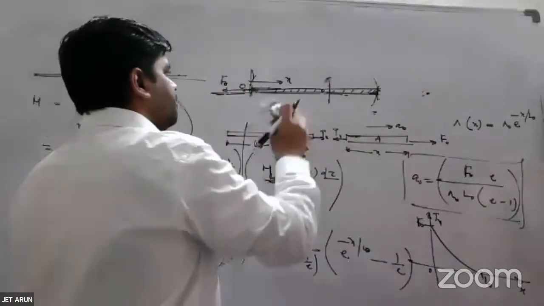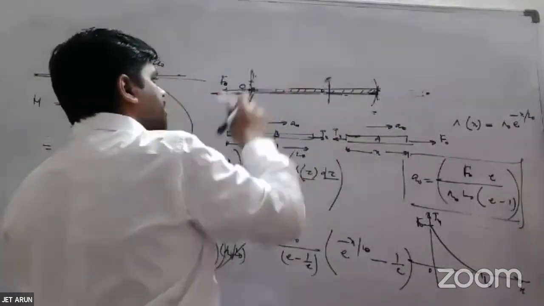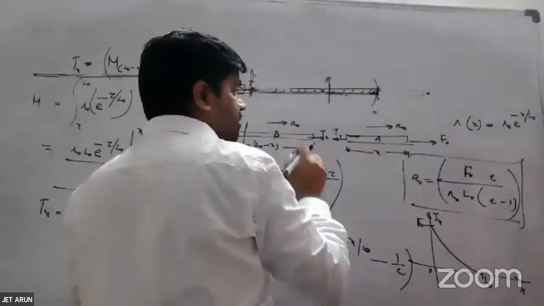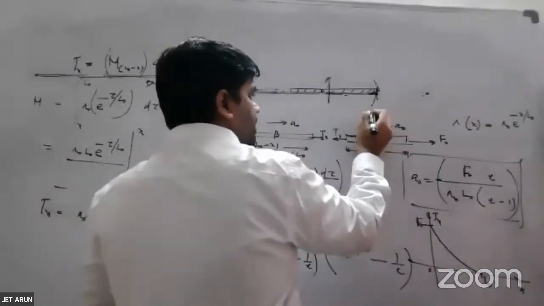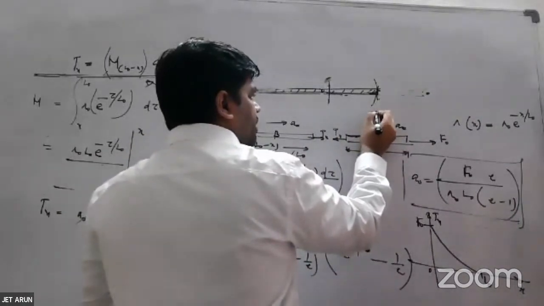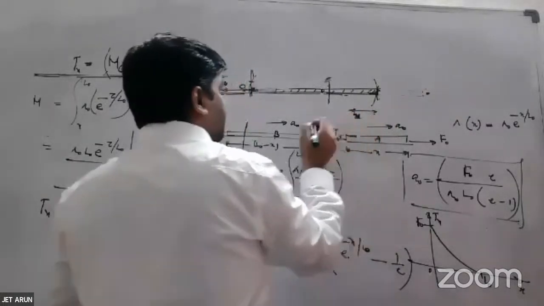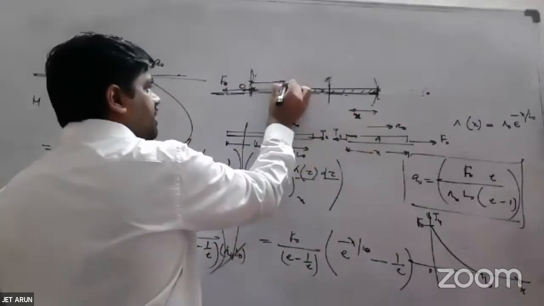But my lambda is varying. Look at this, students. It's not that easy. It's a very good question. It's mathematically a good question. My x is measured from here, but I want tension as a function of this distance.